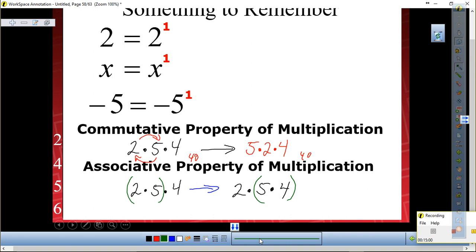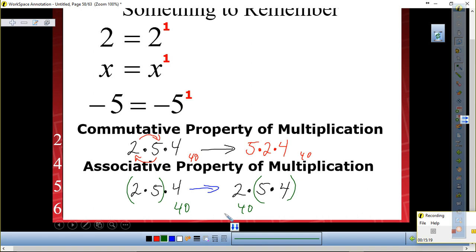No. What is the only thing that changed? How they associate, right? So what the property states is that it doesn't matter how you associate them. If there's multiplication involved, the product is the same. What is 2 times 5? 10 times 4? 40. What is 5 times 4 times 2? Did it change? No.